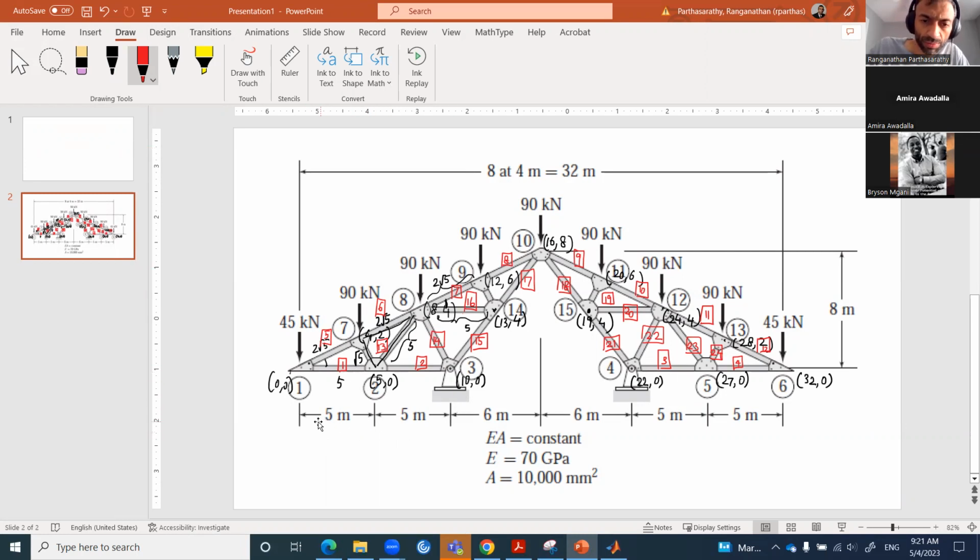So totally 24 members. 1, 2, 3, 4, 6, 7, 8, 9, 10, 11, 12, 13. I think I missed one.